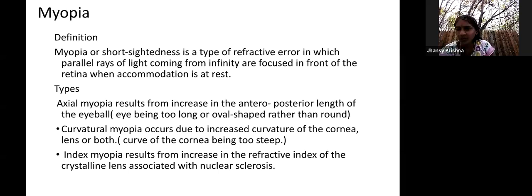In curvature myopia, there is an increase in curvature of the cornea or lens or both. That is, the corneal surface is steep. Index myopia results from an increase in the refractive index of the lens. This is due to nuclear sclerosis of the lens. That is, the lens becomes hard.